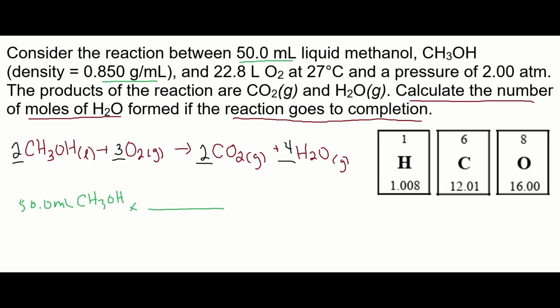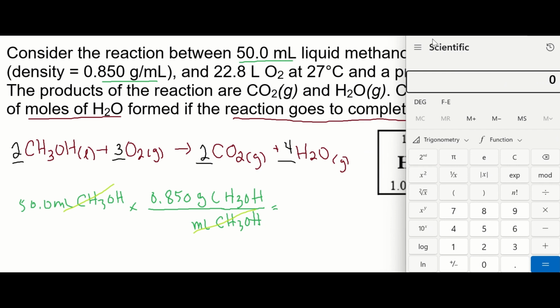Use the density as a conversion factor to convert milliliters to grams. So in 50 milliliters of methanol, we have 42.5 grams of methanol.